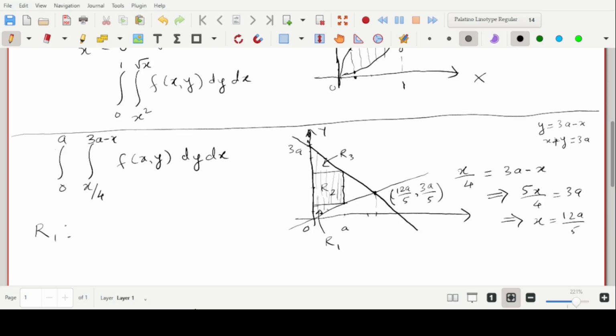Let us write this is the equation of line x over 4. So x can be written as 4y in this case. Let me repeat, this line is y equal to x over 4, which is the same as x equal to 4y.